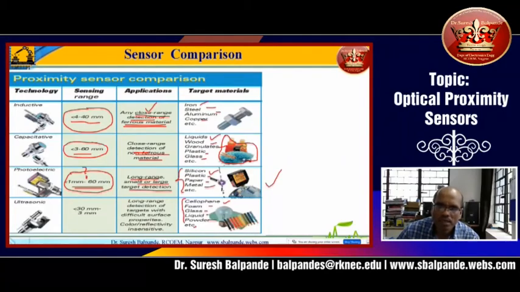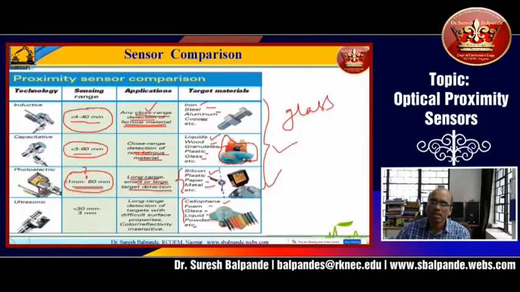So you can see that among the three important proximity sensors we have seen, glass is detected only in the case of the capacitive and the ultrasonic. In other cases, if glass is there, it is not possible to detect it.